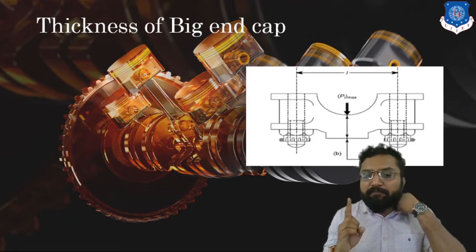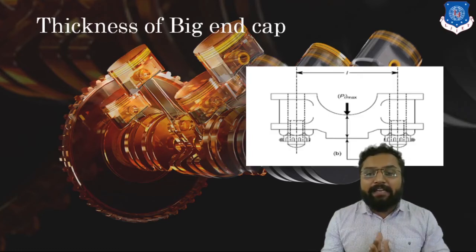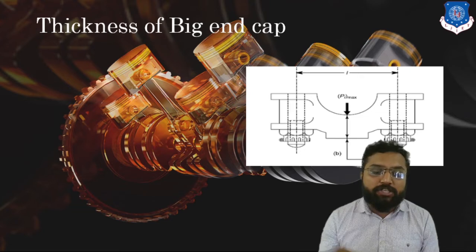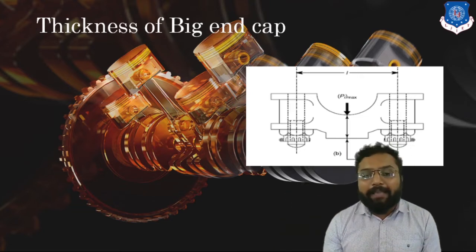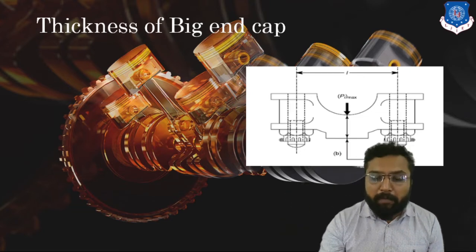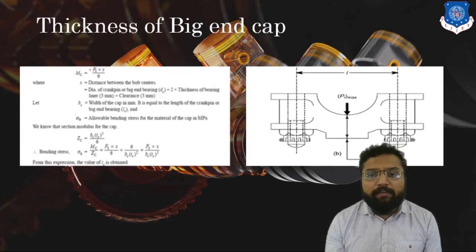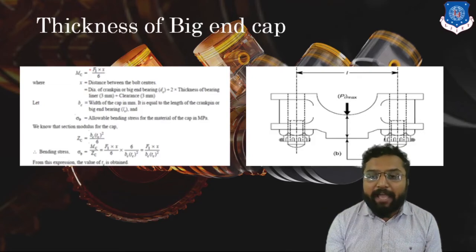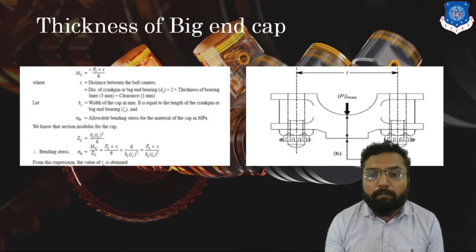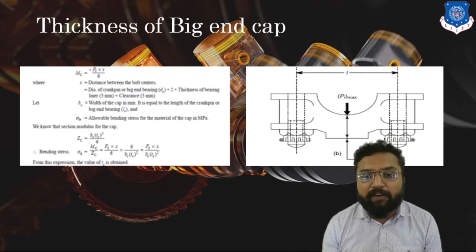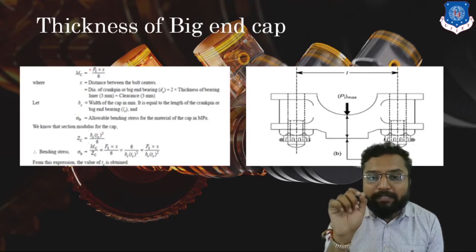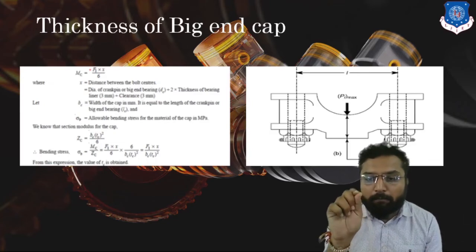This simply supported beam is directly affected by gas pressure as well as bearing pressure generated by our crank pin, because it is at the crank pin place. So here we have to find the moment generated at the center, at distance x from one end. Clear? So the moment at this center will be F1 into X, where X is the distance from our bolt center.